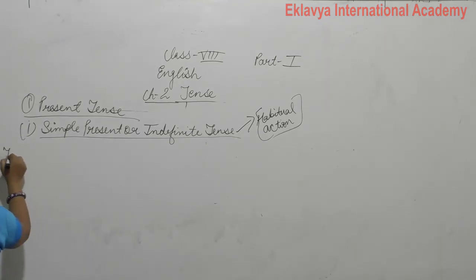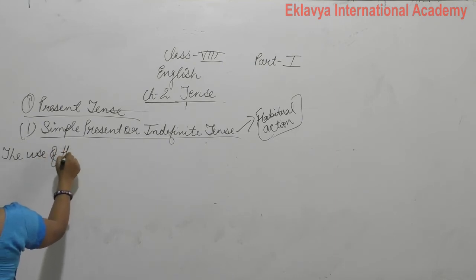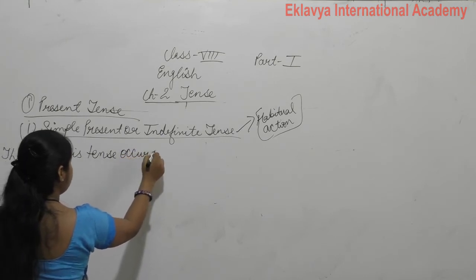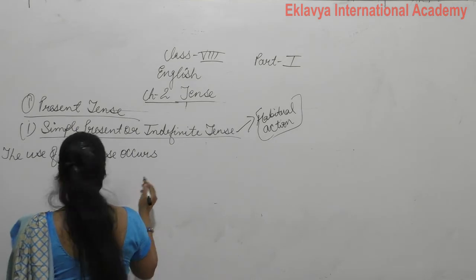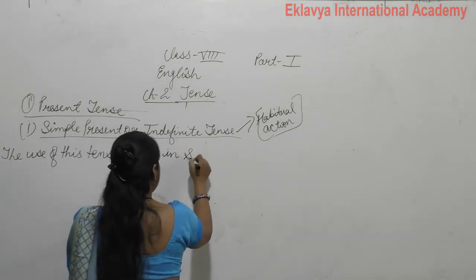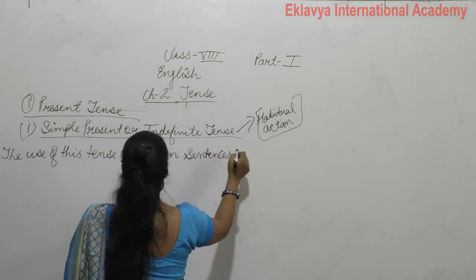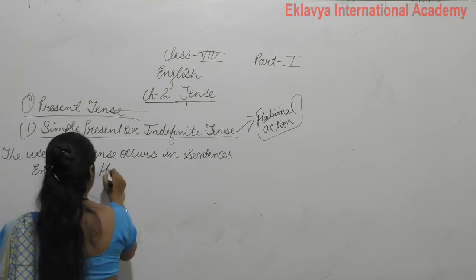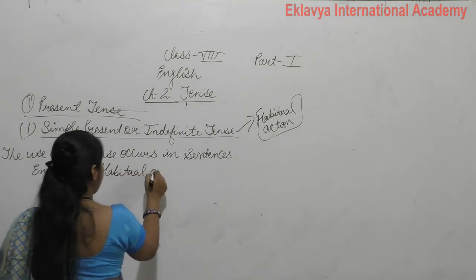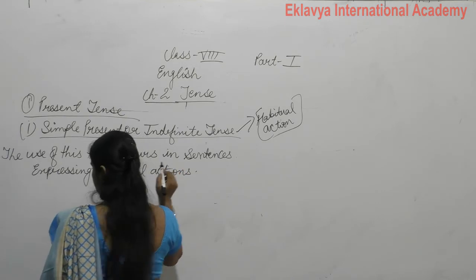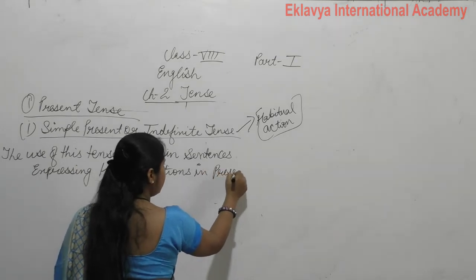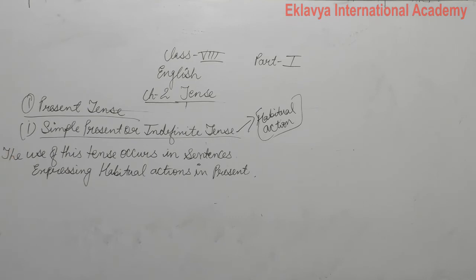Write down, the use of this tense occurs in sentences expressing actions which occur in our daily life, means which occur in present. Okay. So, what is the use of simple present tense?